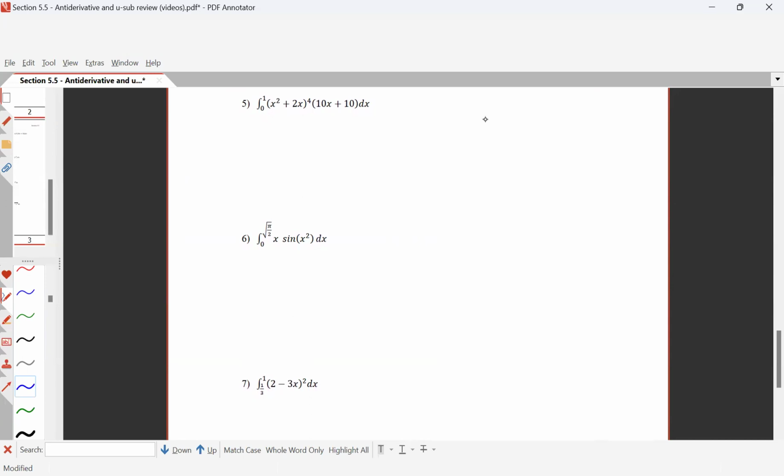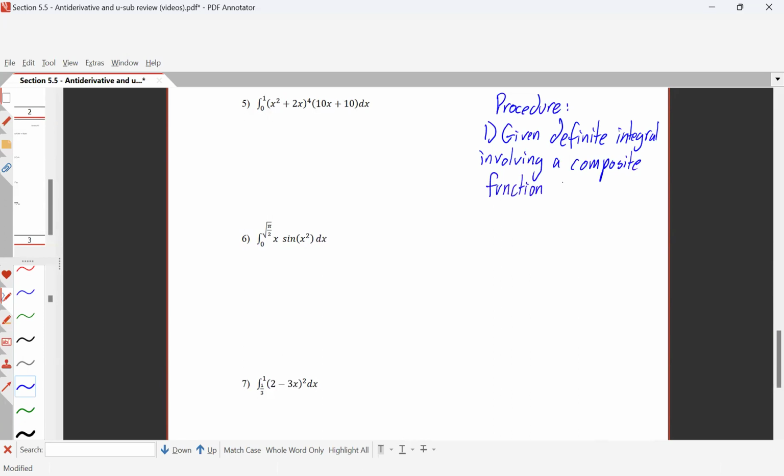So our procedure with definite integrals: given a definite integral involving a composite function f of g of x, we want to identify the inside function.